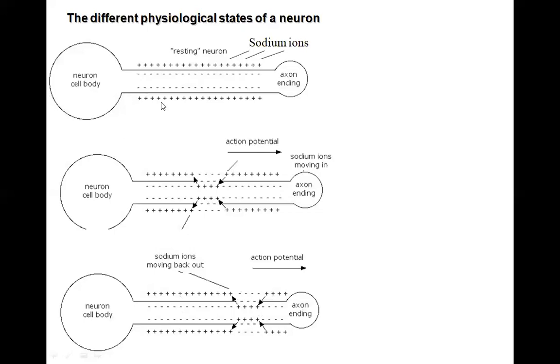You return to the polarized state. This takes some time, and before this process is completed, the neuron stays inactive. It cannot fire again. This period is called the refractory period. Refractory means no action, it's inactive. This is how electricity gets generated in the axon. And the electric current, or action potential, or electric impulse, is the medium that the axon uses to send information to other neurons.